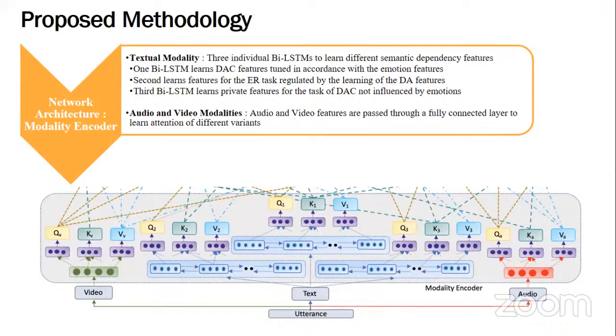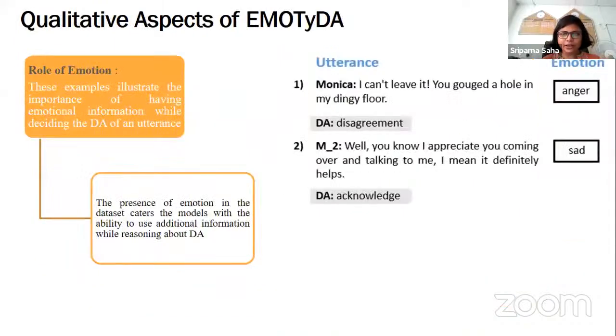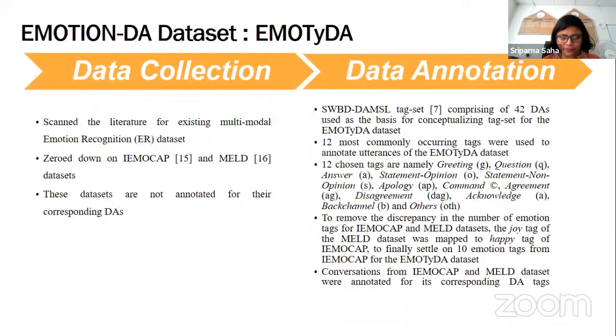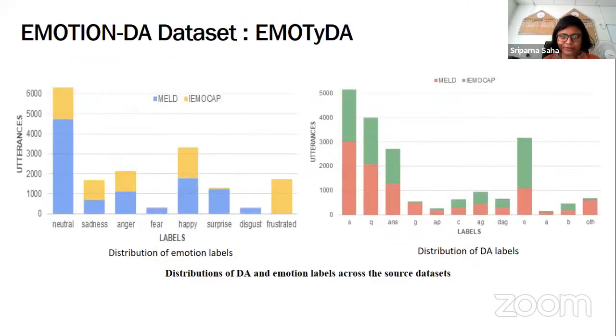How are these intervals created? These IEMOCAP and MELD datasets are basically from some popular TV dramas. From the OTT platforms and popular dramas, they have extracted these audios and videos.